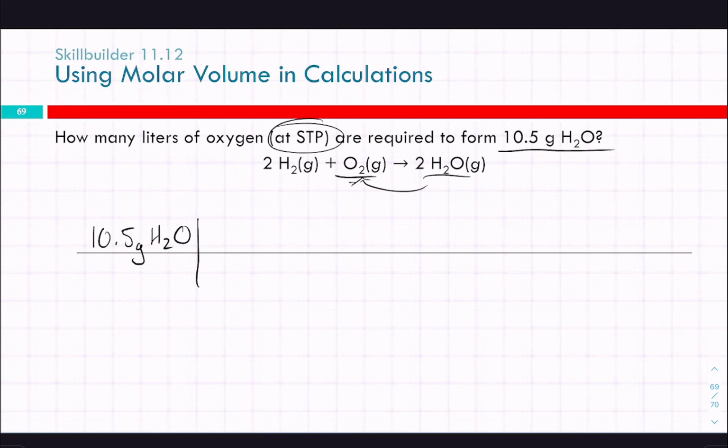If we want to convert from one compound or element in a chemical equation, we always have to do so through moles. Every time. If there's a question that says, how many liters of oxygen to form water, at some point you have to go through moles. So how do we get from grams of water to moles of water?